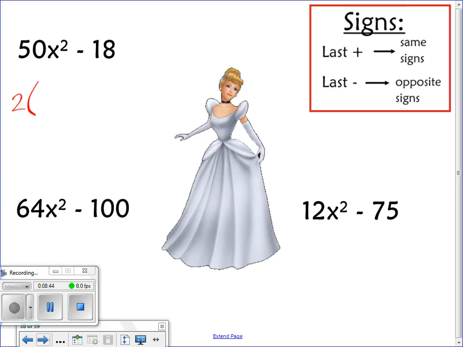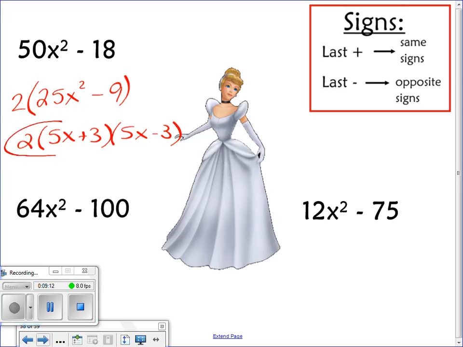So what's 50x squared divided by 2? 25x squared. 18 divided by 2? 9? Not 19. It's Monday. It's early. It's okay. Now is it a difference of squares? Yes, now it is. So how does this factor? Good. Don't forget your baby brother. He's going to tag along with you.